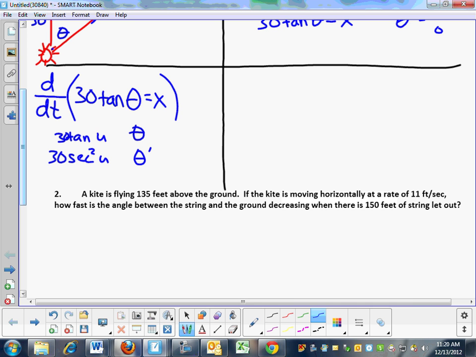Theta prime. So when you multiply that together, you get theta prime times 30 times secant squared of theta. So you got to make sure that you use your chain rule. Equals, yes, take the derivative of x, you get x prime. Very good.